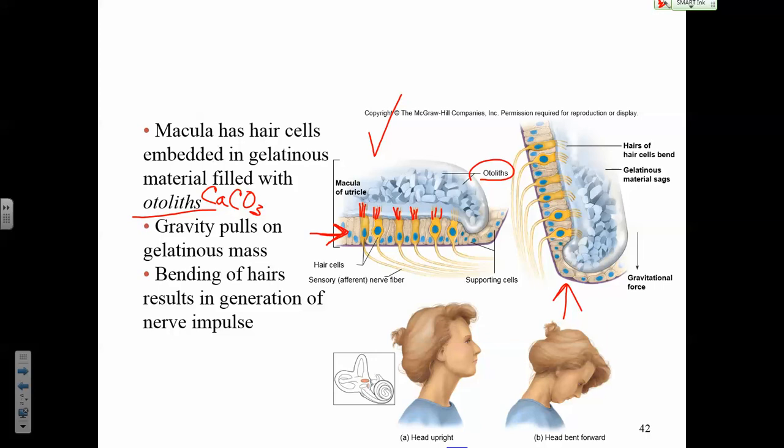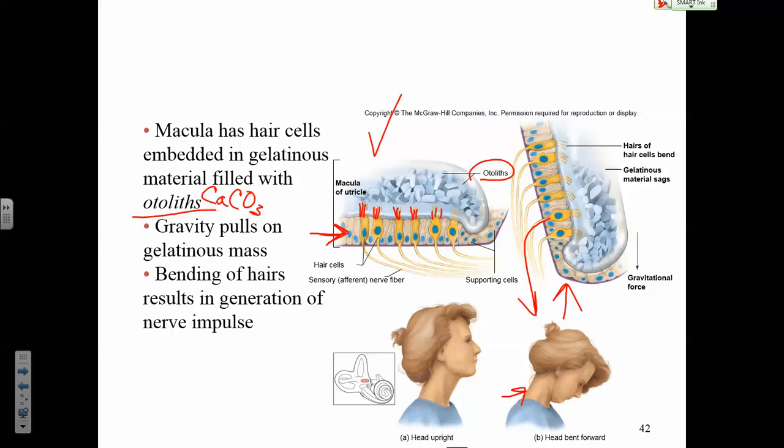And what happens to the cilia? They bend. So these are just mechanoreceptors. If they bend enough, that's going to trigger an action potential on the vestibular part of the vestibulocochlear nerve to the balance centers of the brain. It's going to tell her muscles back here to contract, and she'll pull her head back up. Interesting, isn't it? And it's simply just gravity pulling on that.